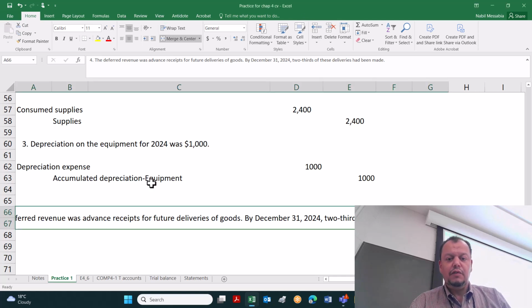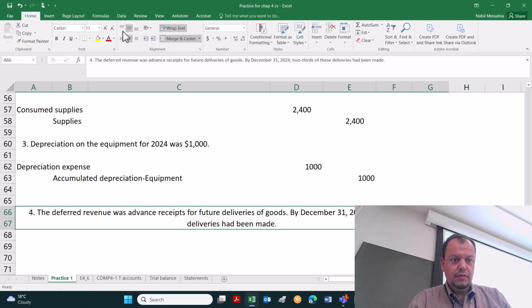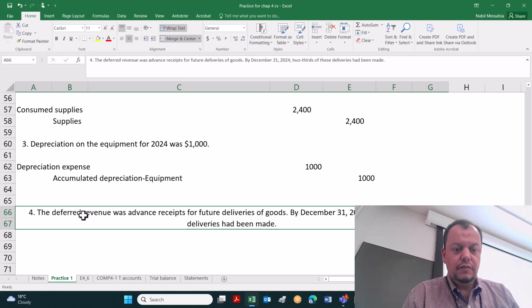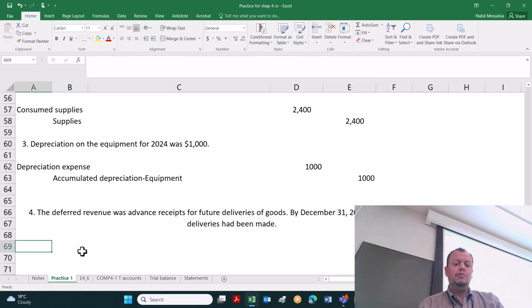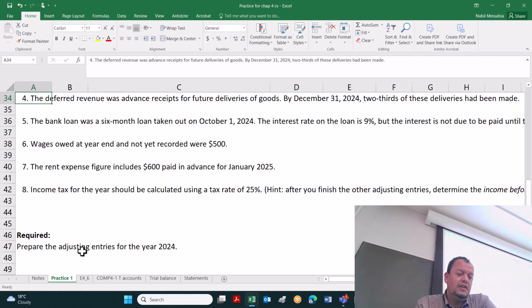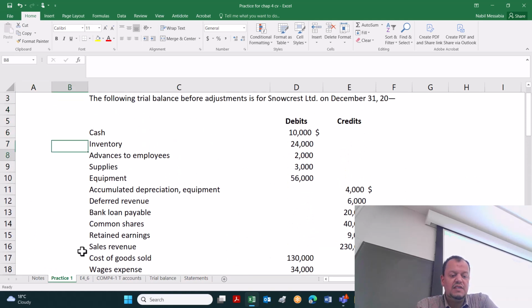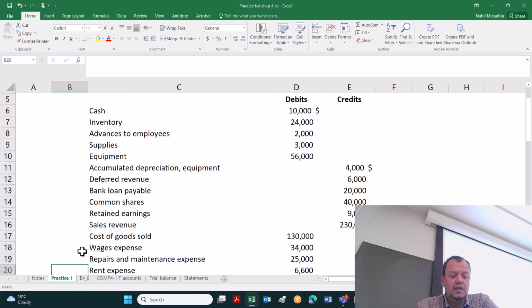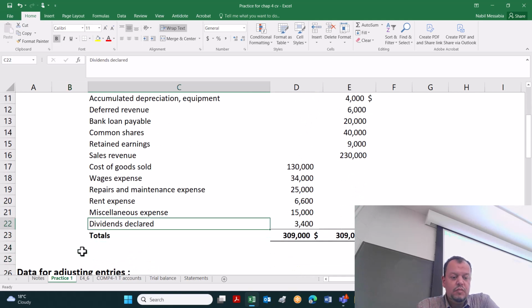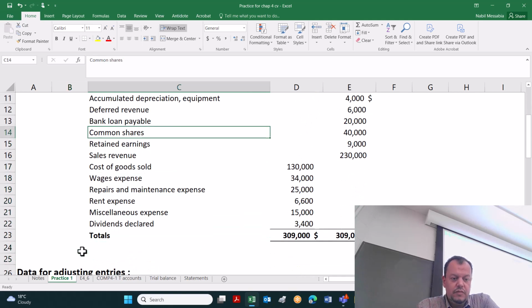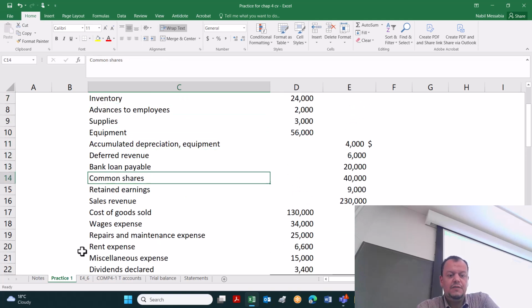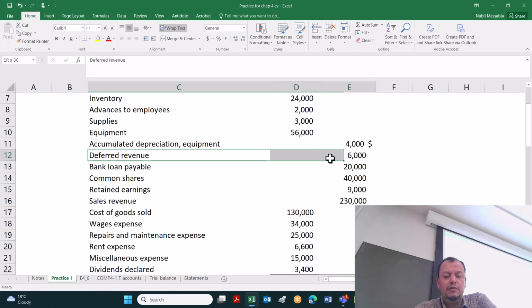We are talking about a deferred revenue which exists here. I have here in our unadjusted trial balance an item which is called deferred revenue. Where is it? Here it is. Okay. So they say this $6,000 of deferred revenue.